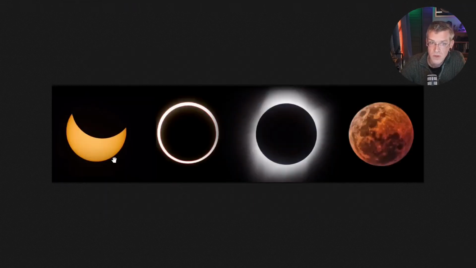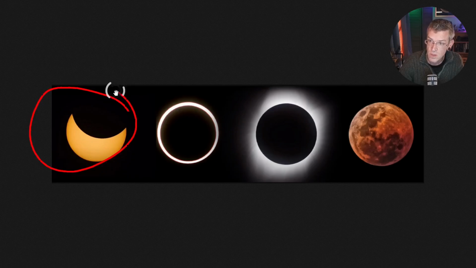What we're used to seeing is total, annular, let's see, this would be an annular eclipse, where there's a ring around. This would be a total eclipse where you see a corona around. A lunar eclipse that looks like a penumbral or partial lunar eclipse. And this is a solar eclipse where the moon has occluded the sun.